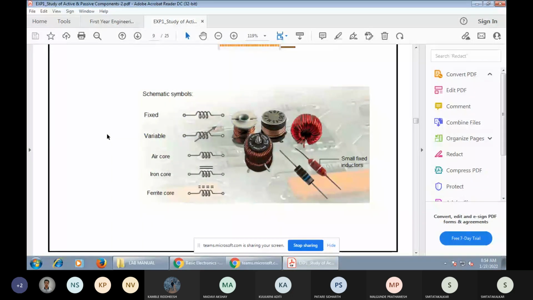Then variable inductors we can use for electronic and electrical circuits. There are air core, iron core, and ferrite core inductors. These we can use for transformers, for transferring the current through the coil.